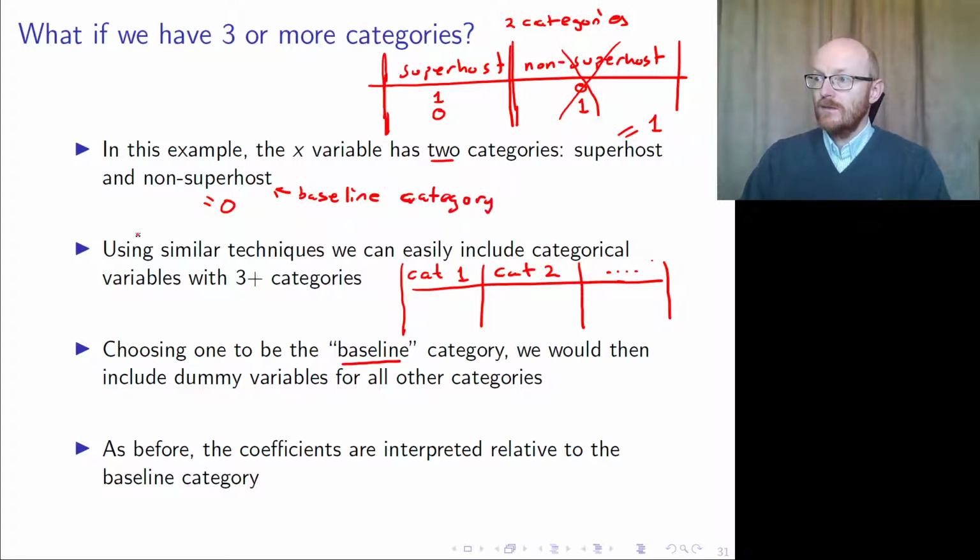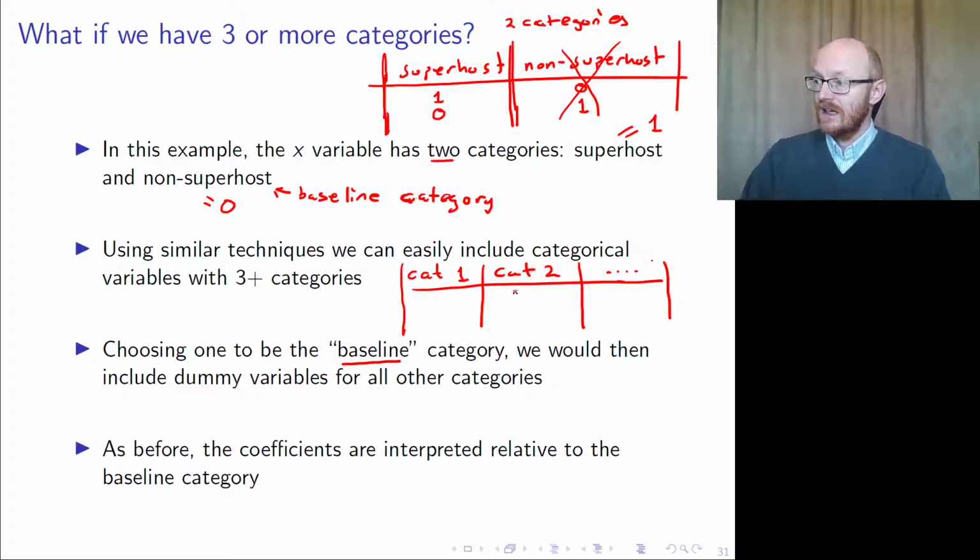So if the host was a non-superhost, then the superhost variable had 0. And it's the same if you have 3 or more categories.